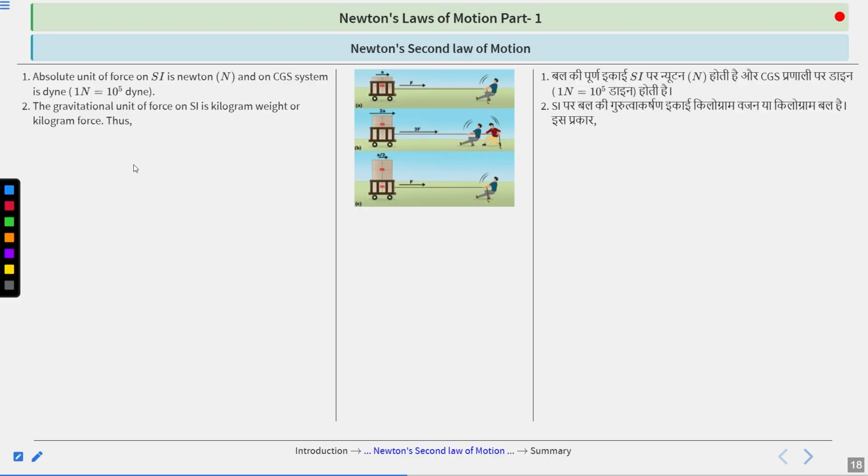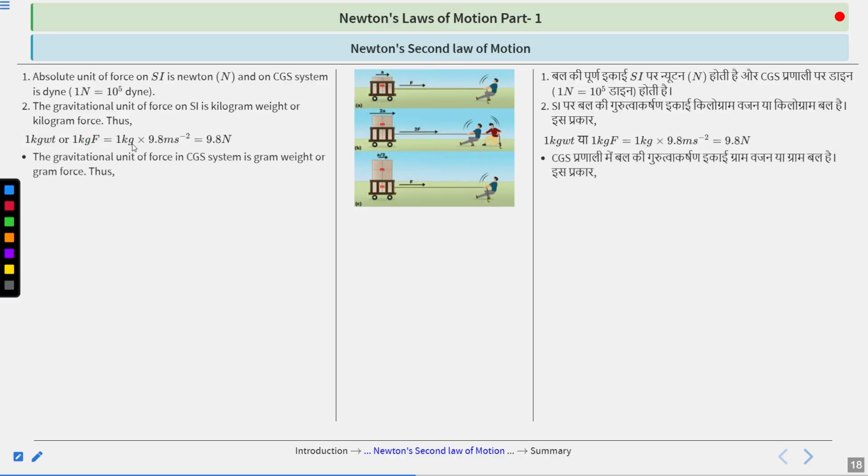The gravitational unit of force in SI is kilogram weight or kilogram force. Thus, 1 kilogram weight or 1 kgF is equal to 1 kg into 9.8 meters per second squared, which is equal to 9.8 Newton.